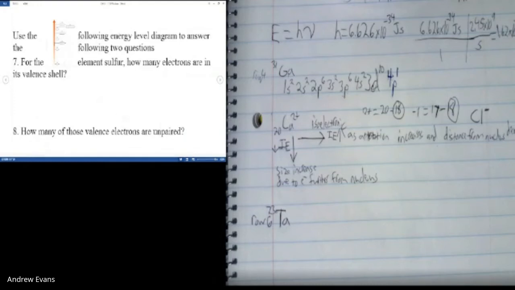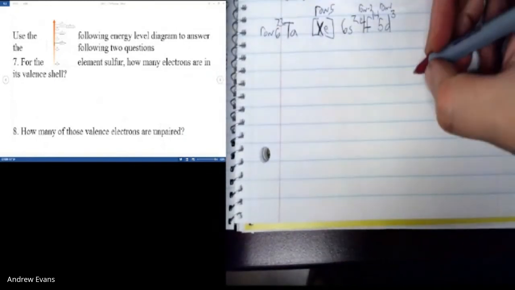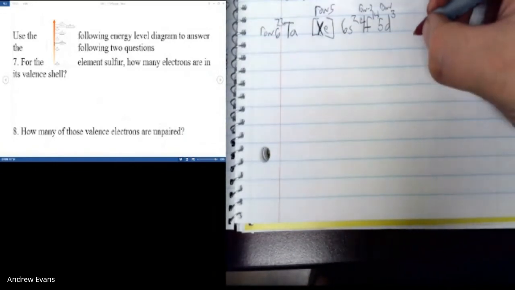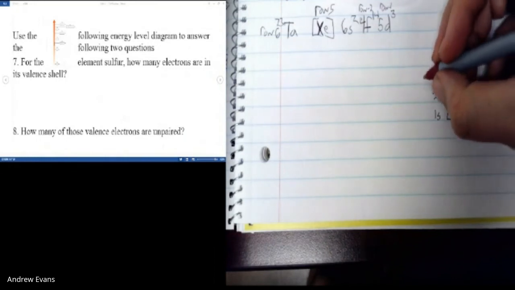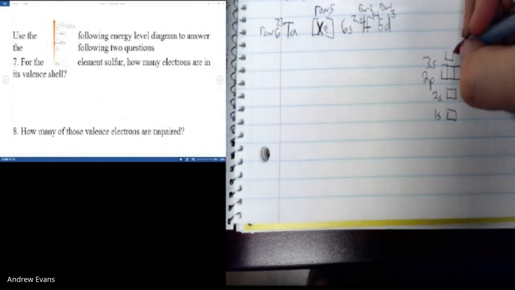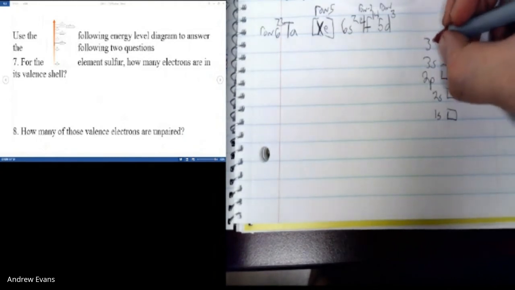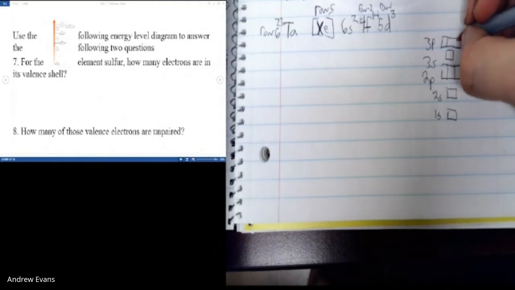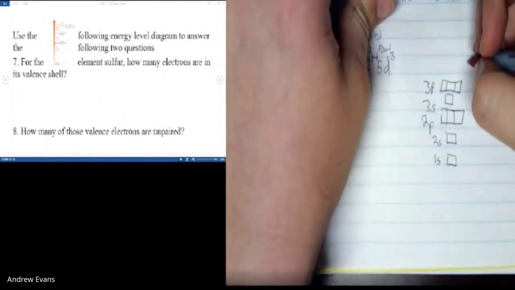So I'm going to go ahead and flip lower down and redraw this right over here. 1s, 2s, 2p, 3s, 3p, 4s.